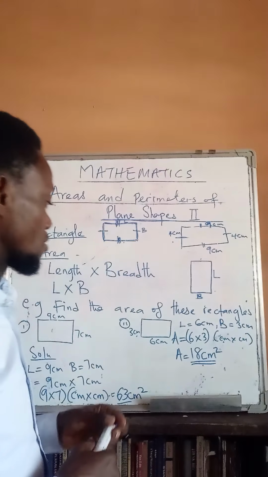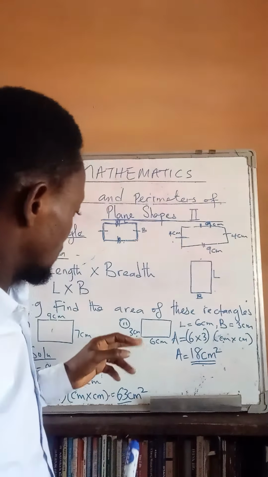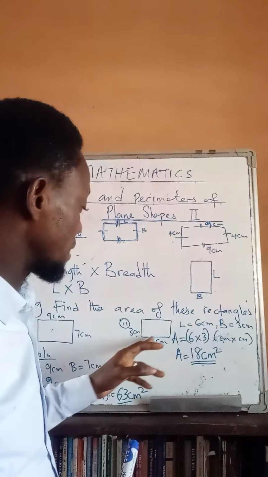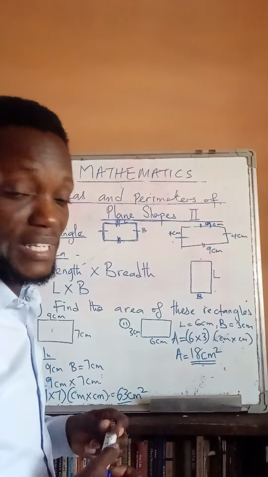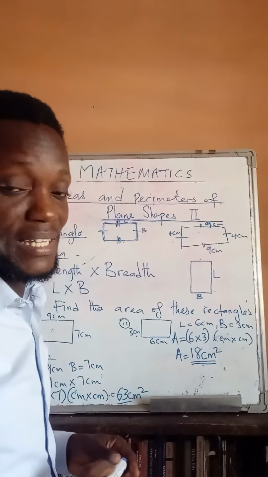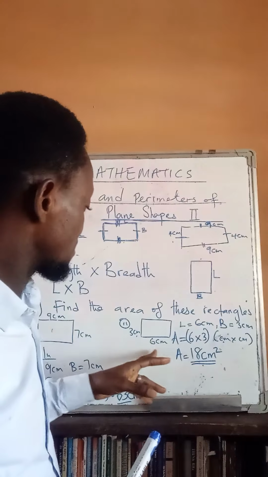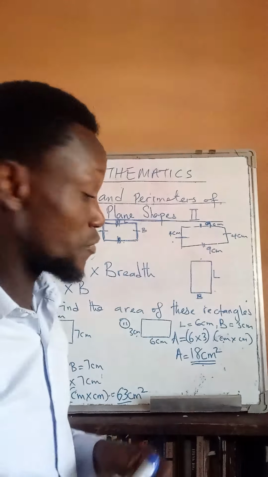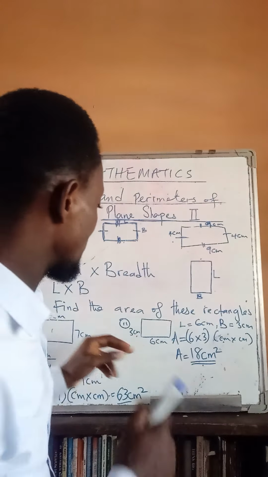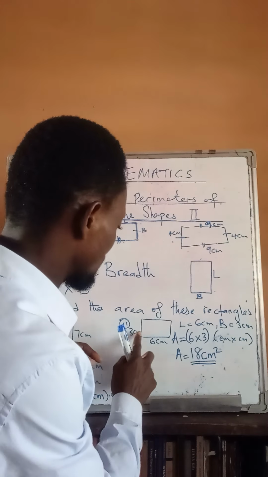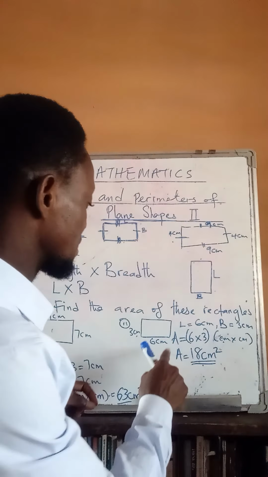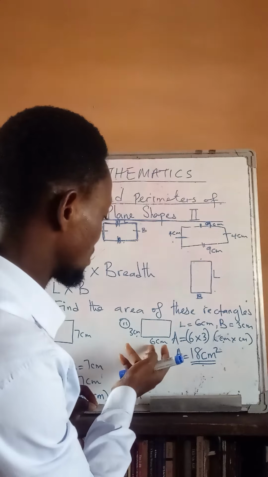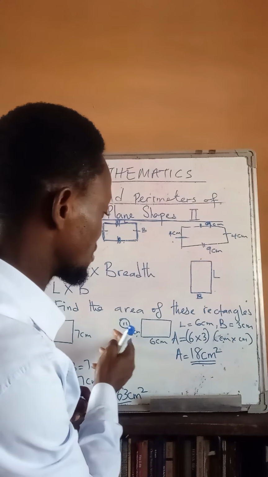Now look at rectangle 2. We are given the breadth to be 3 centimeters and the length to be 6 centimeters. Remember, we said the longer side is usually the length. Now, the longer side here is 6 centimeters, while the shorter side is 3 centimeters. For you to get the area of this shape, you multiply this dimension by this dimension. That is A, which means area, equals 6, the longer side, times 3, the shorter side.